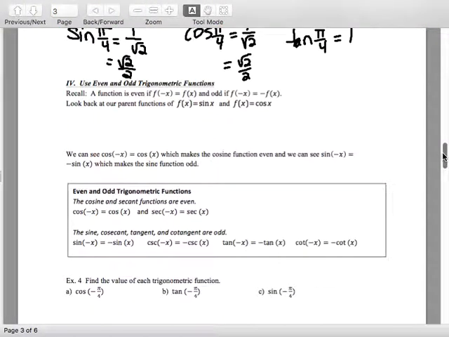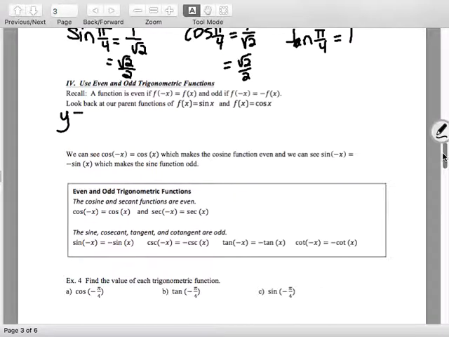So, now let's flip back to where we were, which is Roman numeral 4. A function is even if f of negative x equals f of x, and it's odd if f of negative x equals negative f of x.